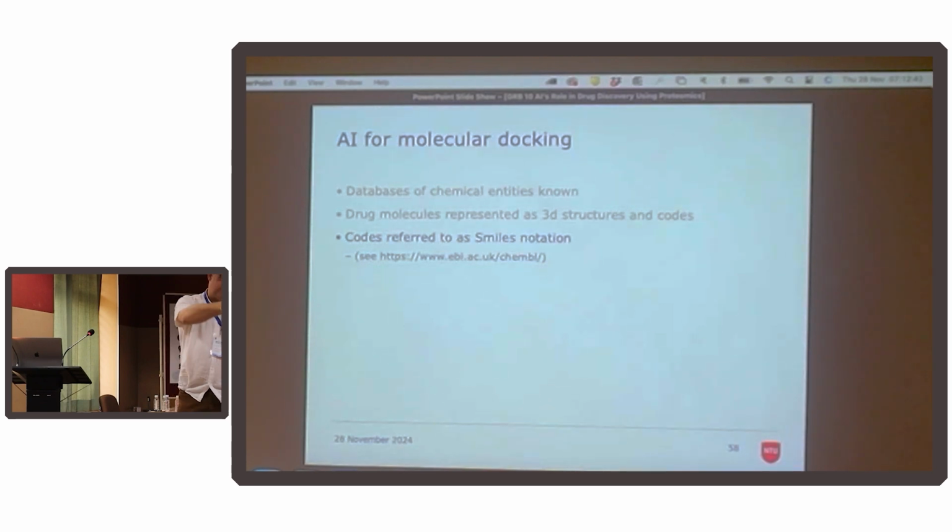And then I can use that SMILES code in a model in a generative way to find new SMILES codes that might lead to molecules that could be created that haven't yet been created. So by looking at either the 3D structure or the SMILES code, I can start to build molecular docking models.